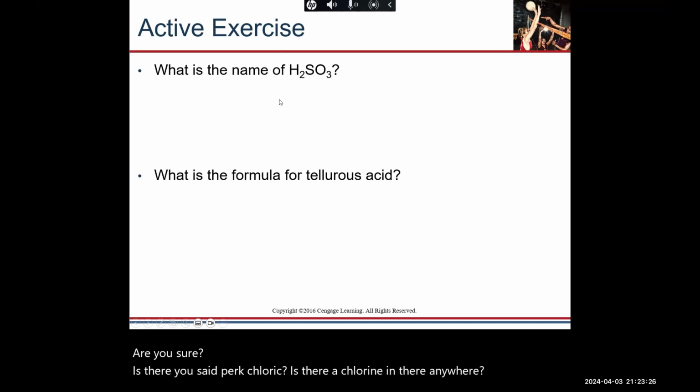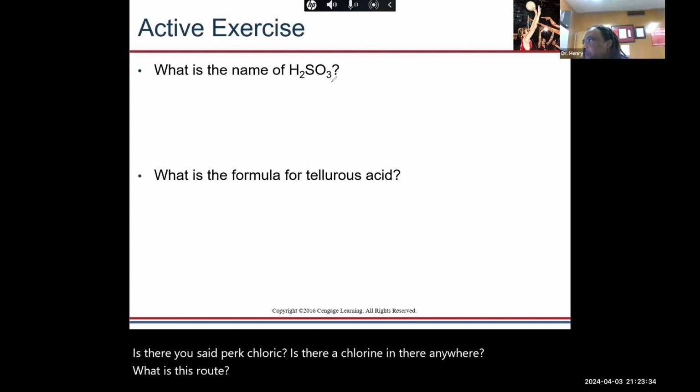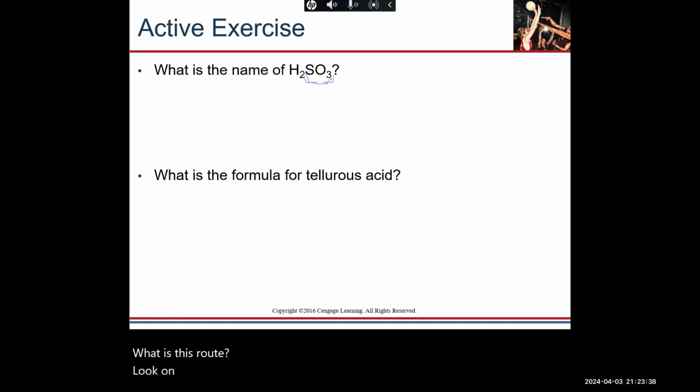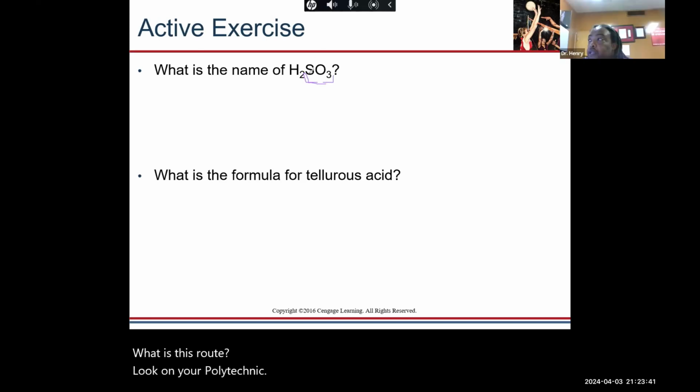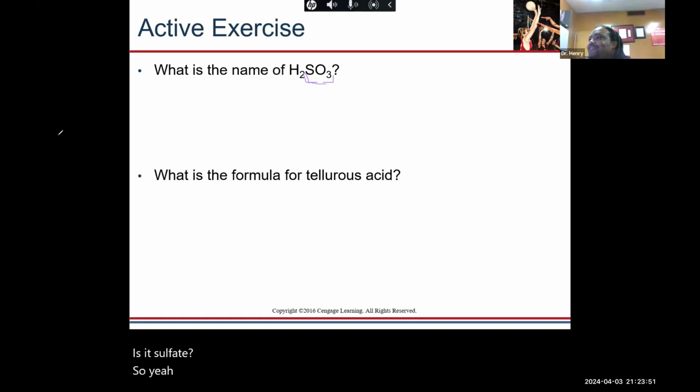No. Okay, what is this root? Look at your sulfate. Sulfurous acid? Yes, that's right. It's sulfurous acid.